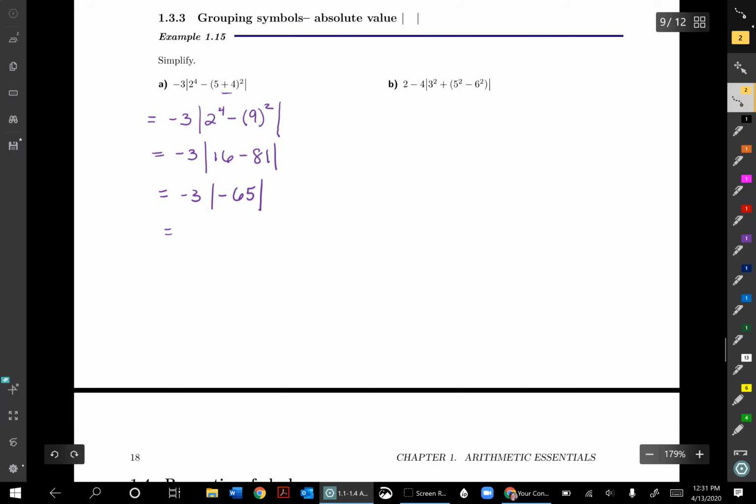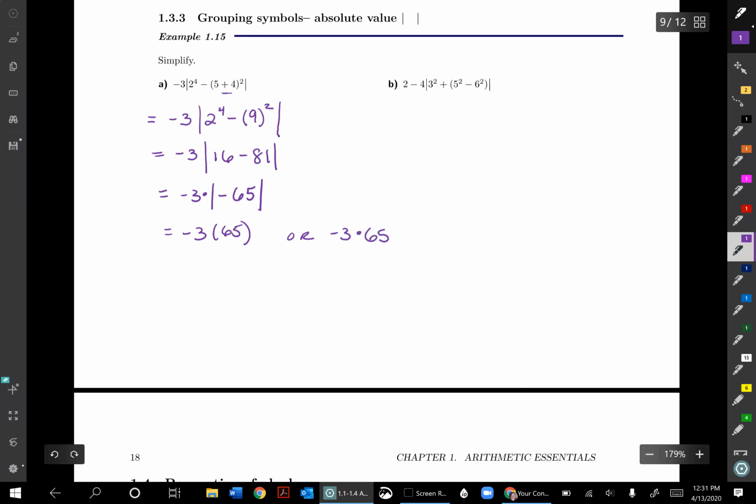Now here's where it's a little tricky. Sometimes people aren't sure what to do. But this operation with the 3 next to it actually means times. You could put a little dot there, or you could put parentheses around, but negative 3 times, actually it'll be positive 65. So you could write it with parentheses, or you could write it like this, negative 3 times 65 with a dot.